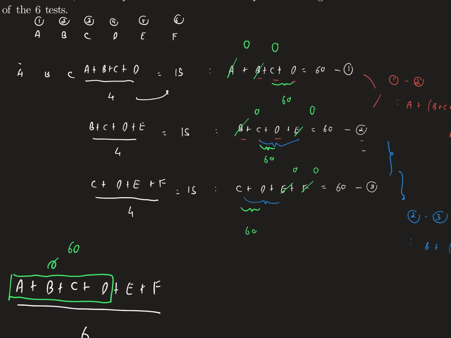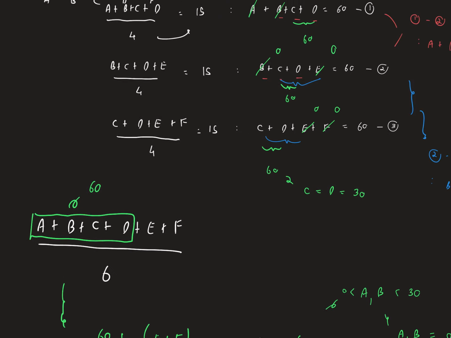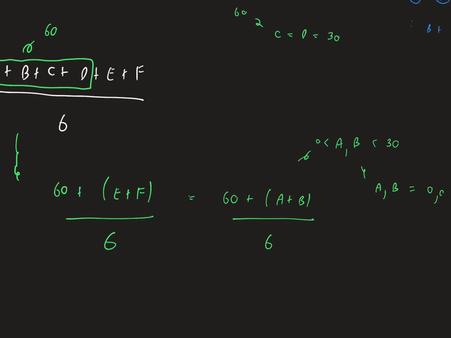So it is possible to get 0, and if C plus D equals 60, then C must equal 30, since the maximum value of each test is 30. So in reality, it is possible that in the first test they may get 0, but on the third test their score might be 30. So in this case, it is possible that A and B are both 0.